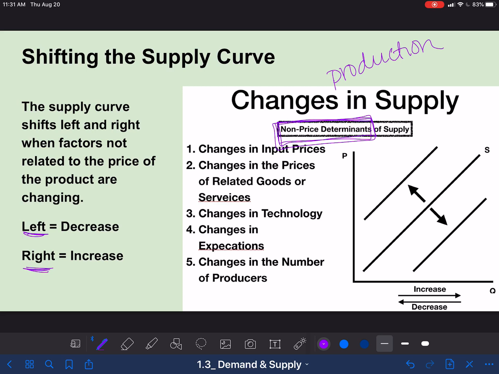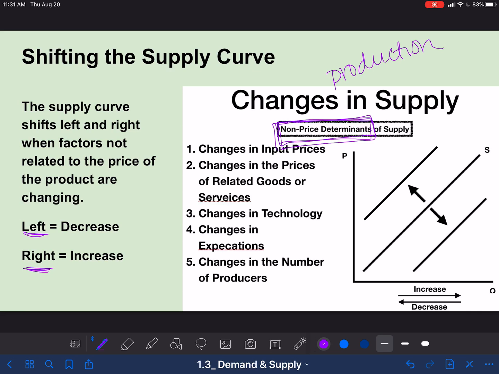Changes in technology would impact supply. If we have better technology available to us, we can increase our supply. Right now, the internet has crashed at FISD, so changes in technology have decreased the supply of on-demand education. That would work.